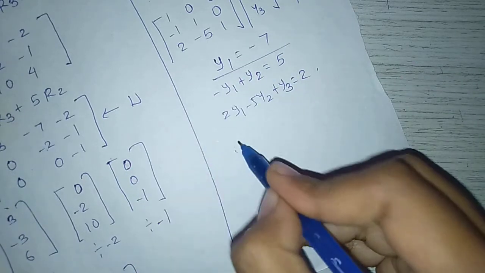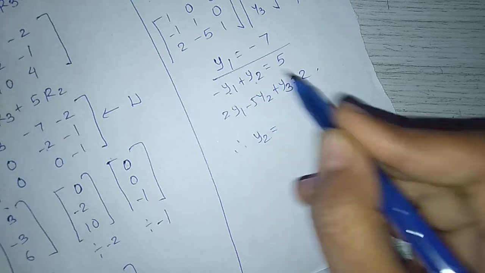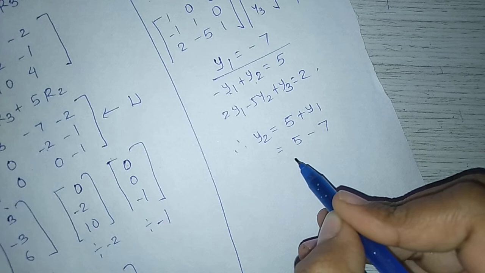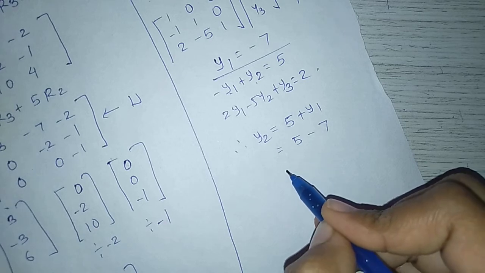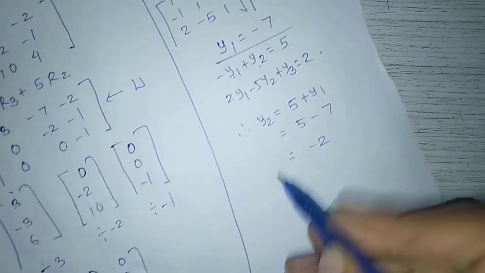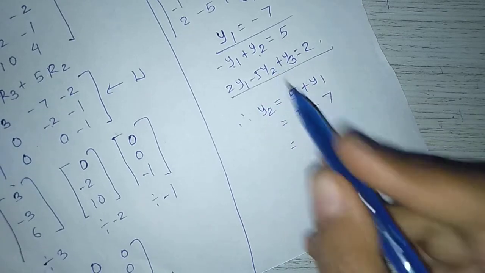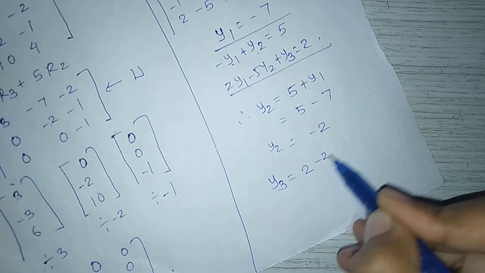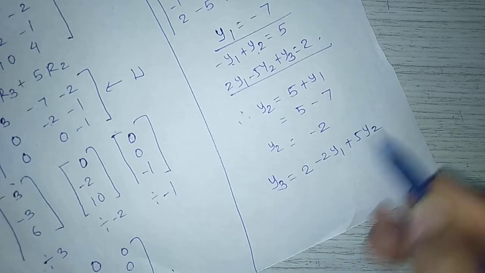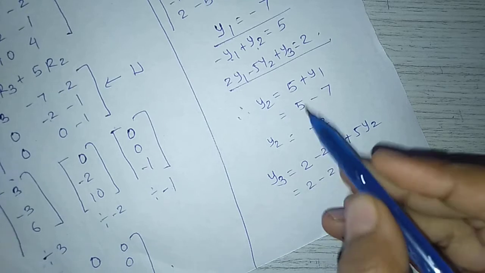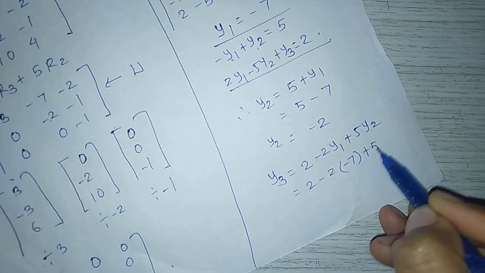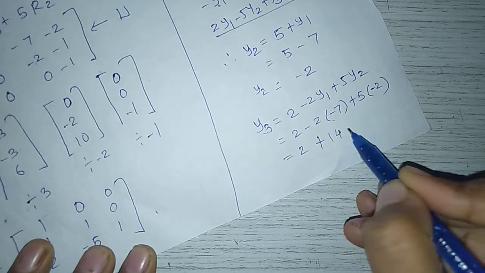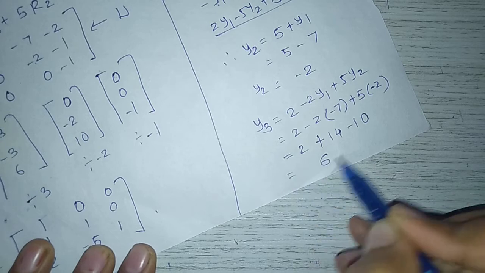y1 equals -7, therefore y2 equals, from this equation, 5 plus y1, we get 5 minus 7 equals -2. Now to find y3, from this equation we get y3 equals 2 minus 2y1 plus 5y2, which is 2 plus 14 minus 10 equals 6.